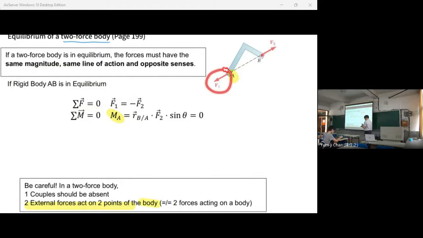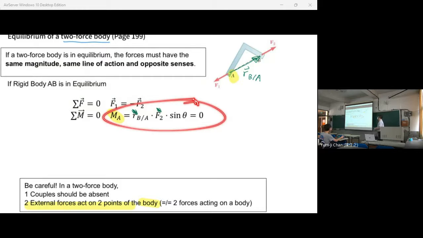And for B, the moment arm of F2 is R_B with respect to A. So we are doing scalar, and then we have the magnitude of F2, and the angle between R and F. So it has to be equal to 0.